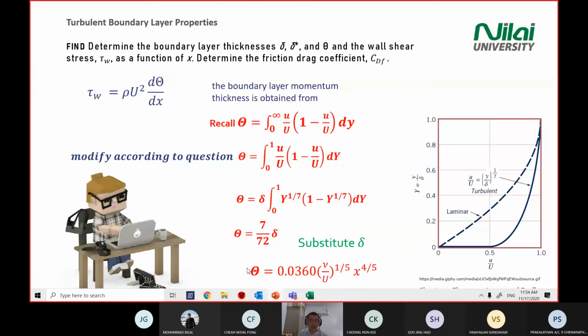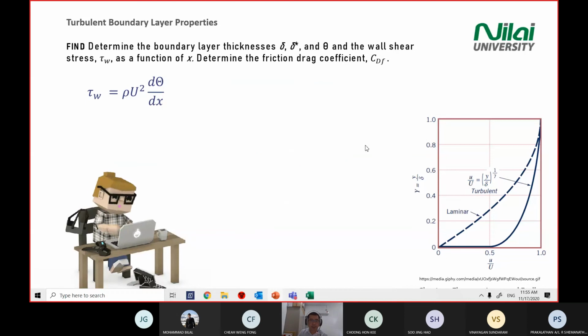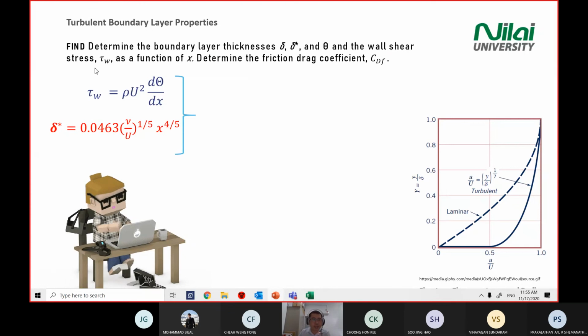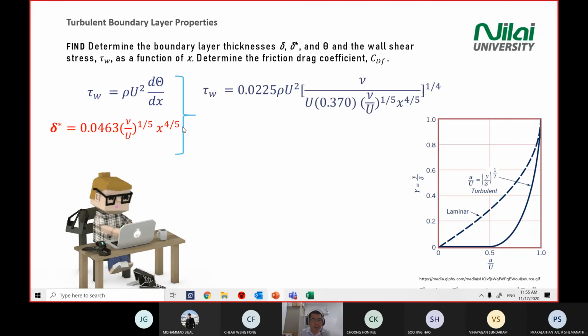So this slide shows you how you get your boundary layer thickness for the third one. The rest is just substitution. So to find your wall shear stress as a function of x, you just substitute what you found just now. Substitute this one in here.